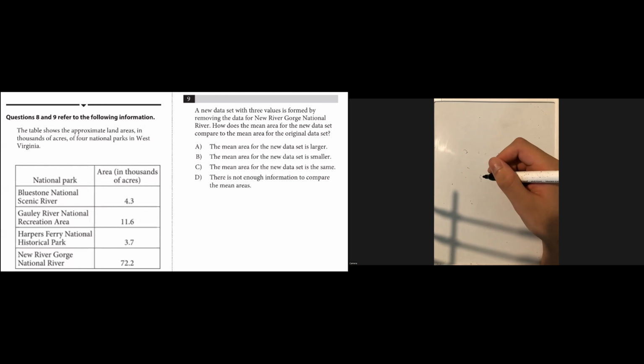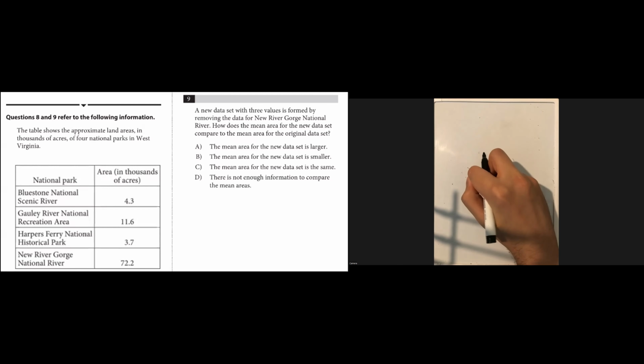And so mean is the average. And so the one which we're removing is New River Gorge National River, which is the largest one. It's the 72.2 one. And so if you remove the largest unit in your data set, the mean is going to decrease. And so 9 would just become B. The new mean is going to be smaller because you're removing the largest number, or 72.2.